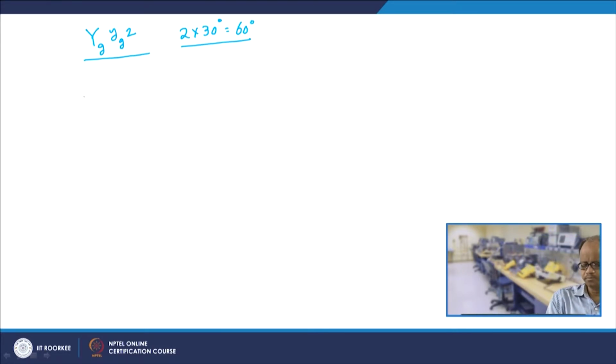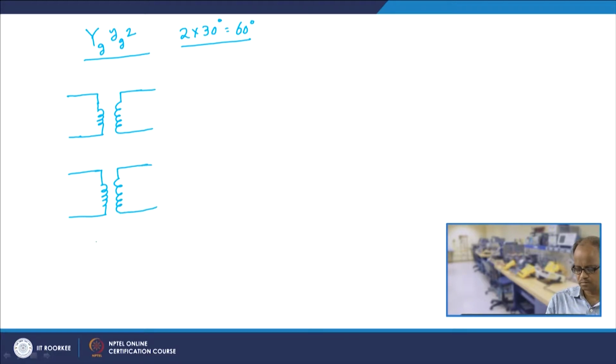Now as before, let us consider this 3 phase transformer as consisting of 3 single phase transformers. So, then we have got 6 windings and they are connected in this fashion. We are doing exactly the same as what we did in the last lecture.